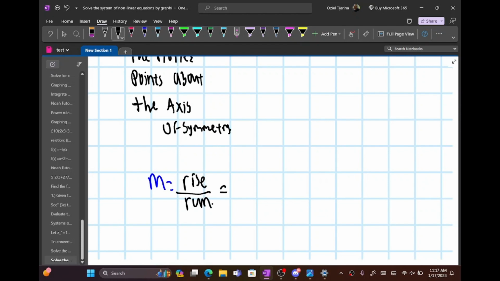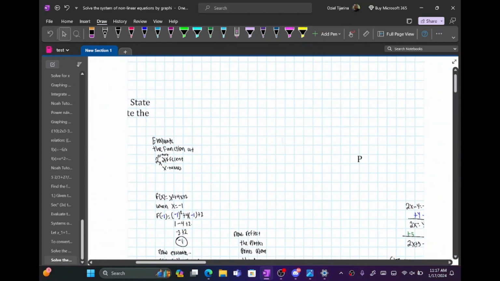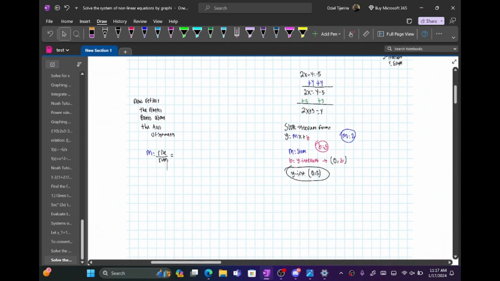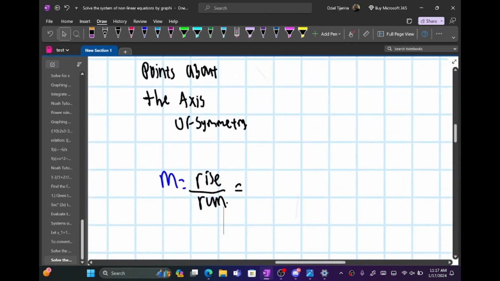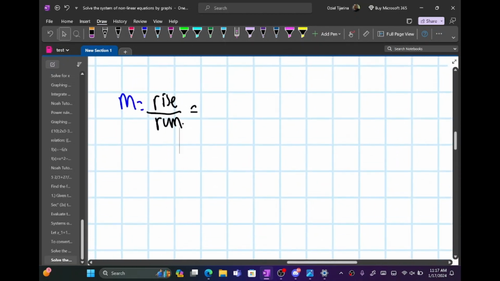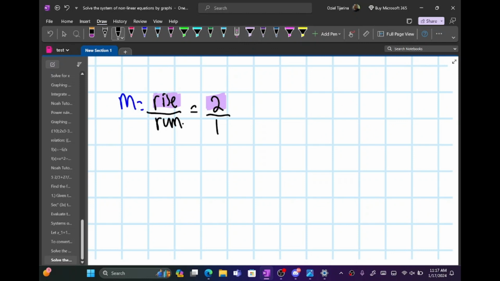So the slope was, I'm sorry, it was 2, right? So the slope is 2 over 1. And so we're going to go up 2 units and then to the right 1 unit.